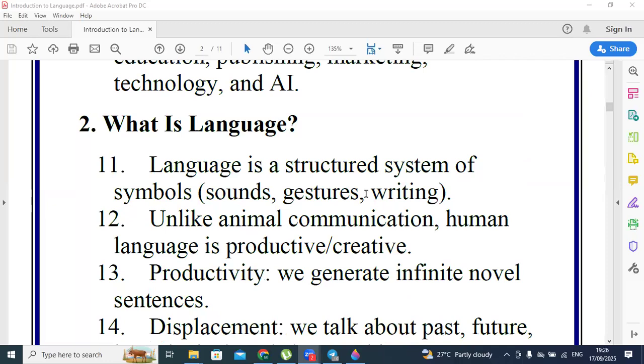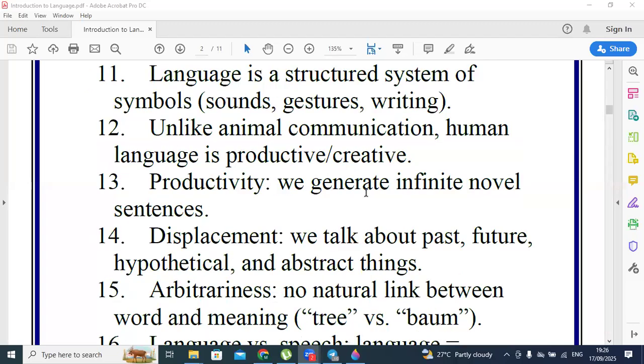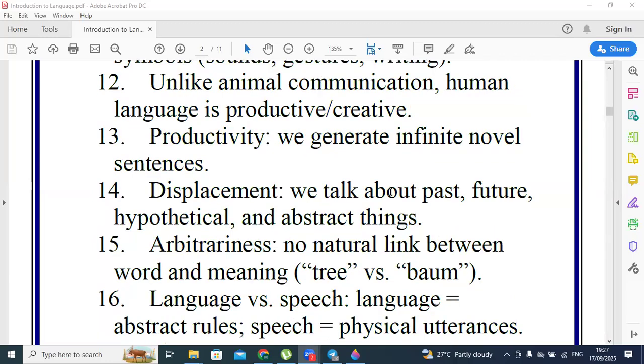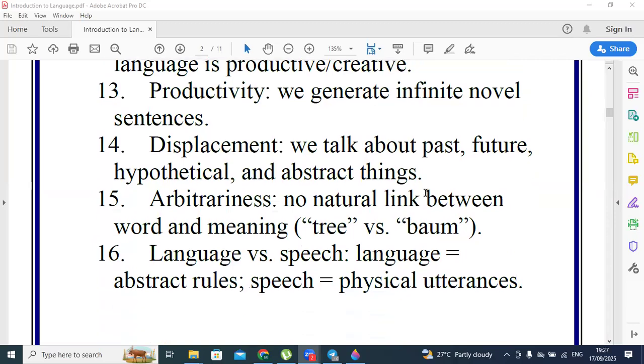Productivity: we generate infinite novel sentences, which means new sentences. Displacement: we talk about past, future, hypothetical, and abstract things. Arbitrariness: no natural link between word and meaning, tree versus bound. Language versus speech. Language: abstract rules. Speech: physical utterances.